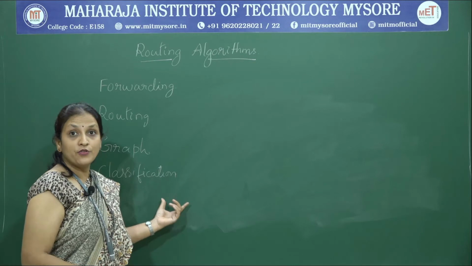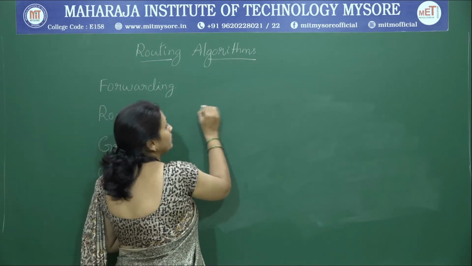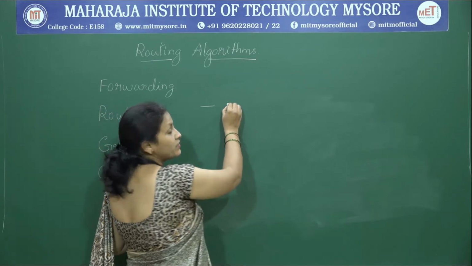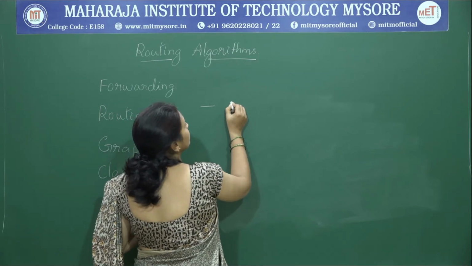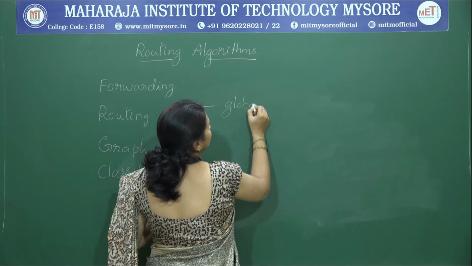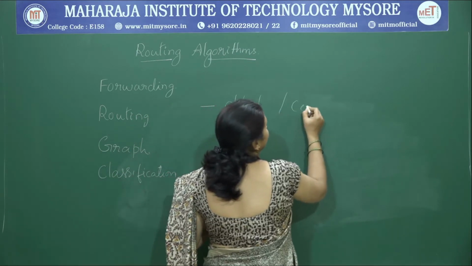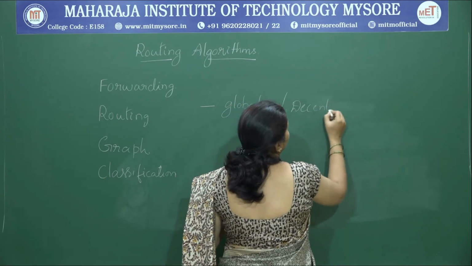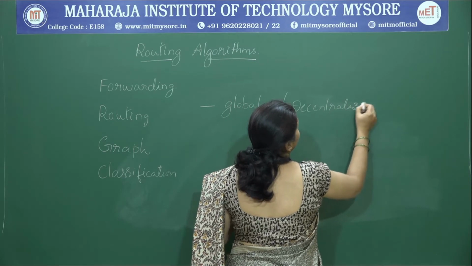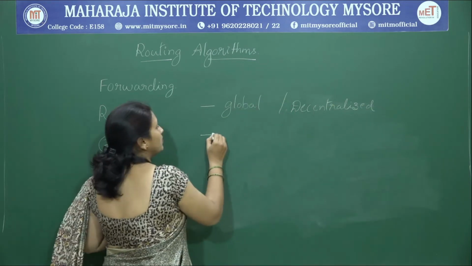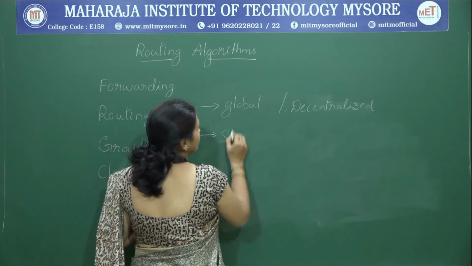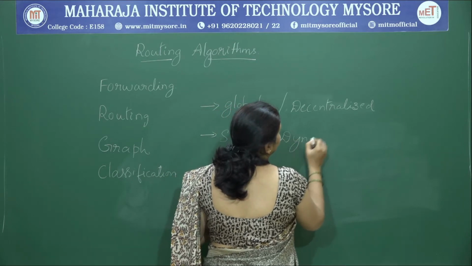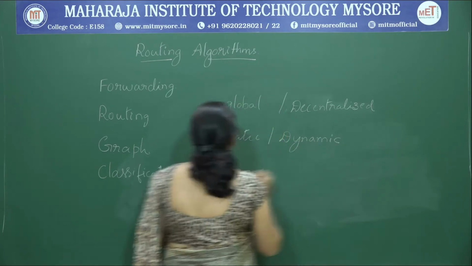The classification of routing algorithm can be done in 3 ways. The very first criteria is whether it is global or decentralized. The second criteria is whether it is static or dynamic.